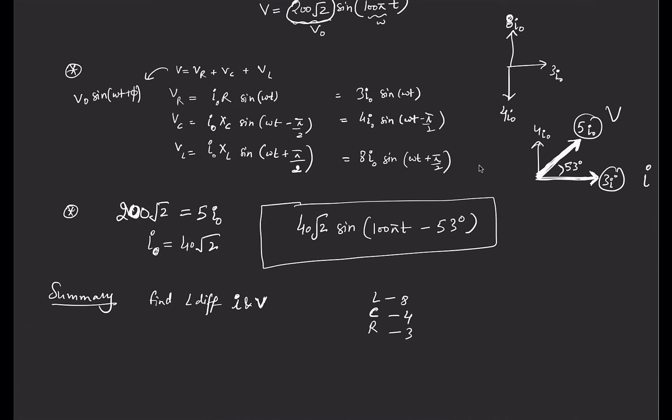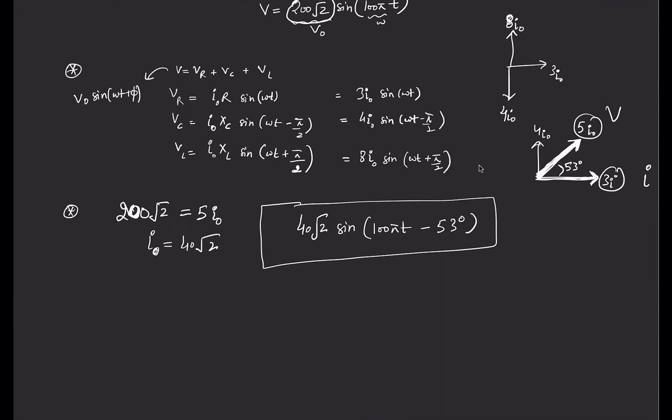So we can see that L is greater than C, which means the Y component would be higher than the X component, and that means voltage would be leading the current. So current is here, voltage would be here, and the angle difference is 53 degrees. First identify that. So from the angle of voltage we subtract 53 degrees to get the angle of I. Next thing is to find the magnitude, and for the magnitude we calculate the resultant, which is 5 I naught, and we equate it to the magnitude of actual V naught, which is 200√2. So that's the summary.